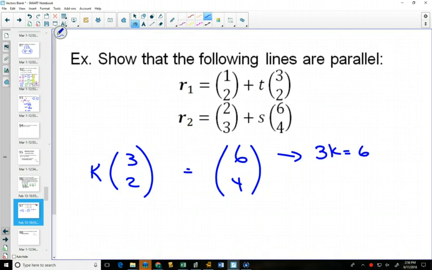In other words, k is 2. And in the second one, we get 2k is equal to 4, which also lets us know k is 2. And if there is such a value of k, then one vector is a scalar multiple of the other, and those 2 vectors are parallel.